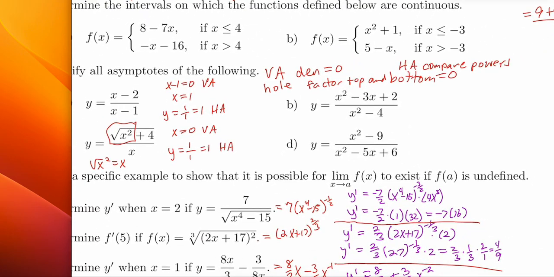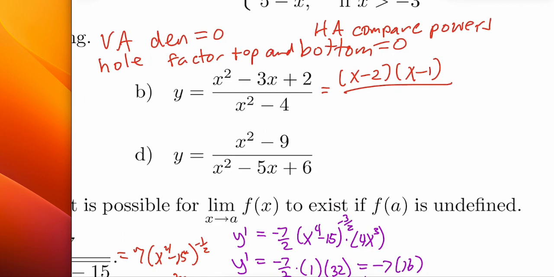Now let's look at B. The problem I'm having with B is that it is not in factored form, so I need to factor that. That's x minus 2 times x minus 1. Just follow unFOILing rules. Factor that. And then the top factors, but so does the bottom. That is x minus 2 times x plus 2.